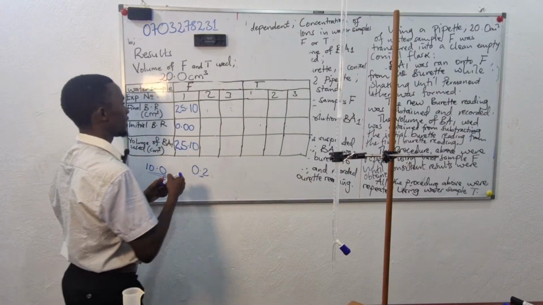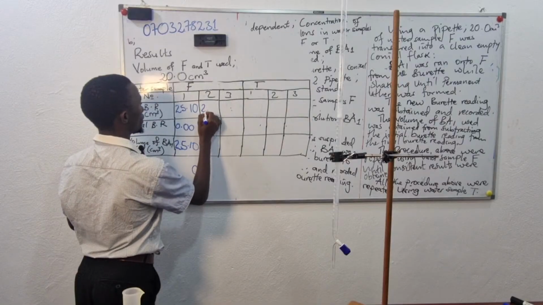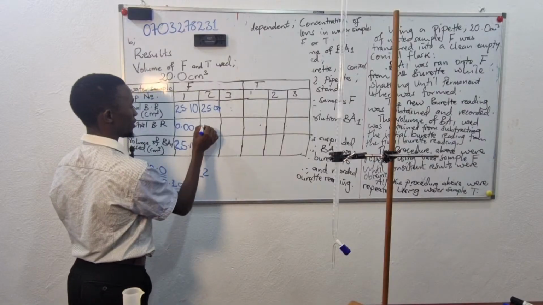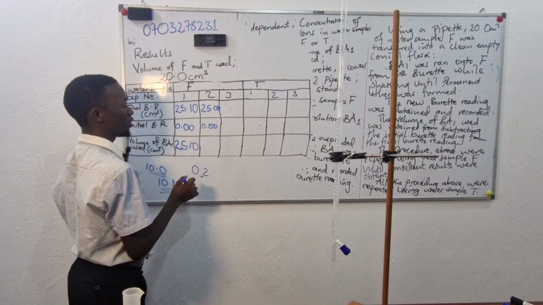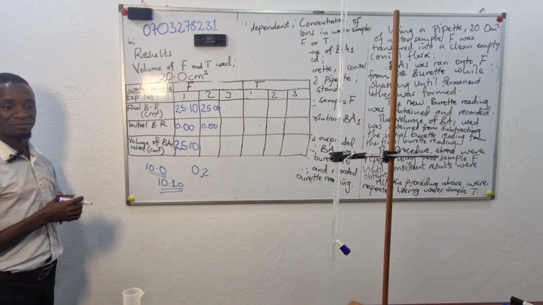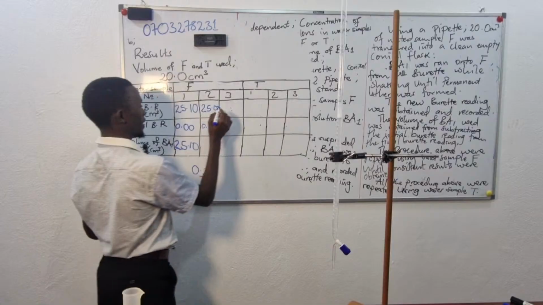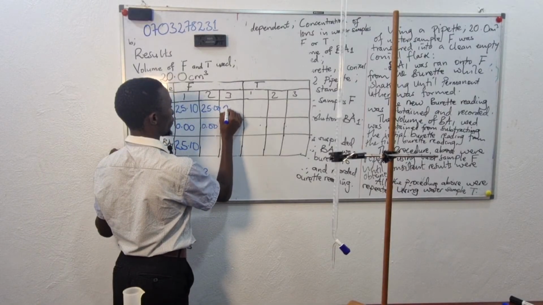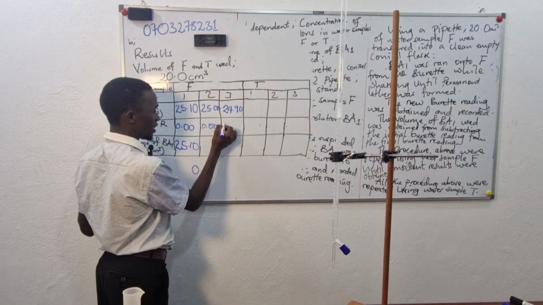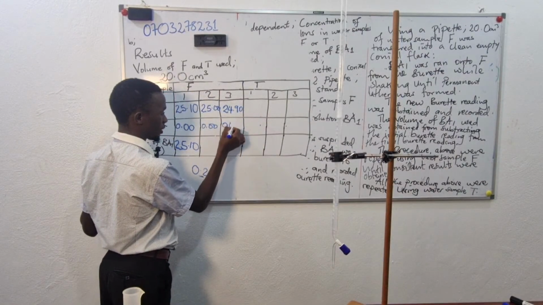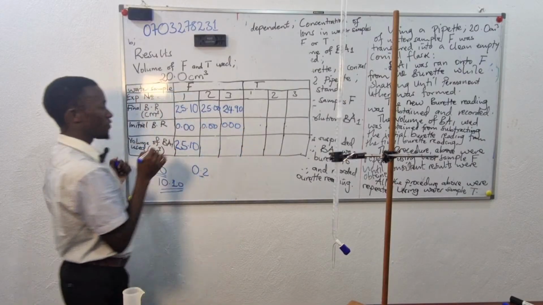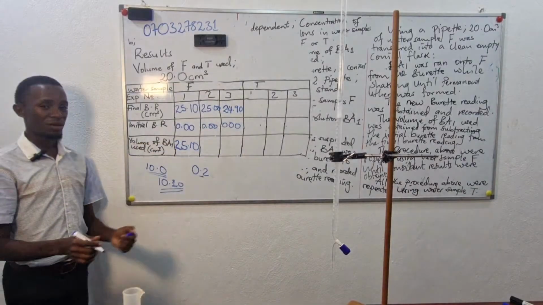Let's say the next you got 25.00 and your initial was 0.00, what will be your volume of BA1 used? If let's say your next was 24.90, if the initial was 0.00 again, what would be your volume used? Please fill the table.